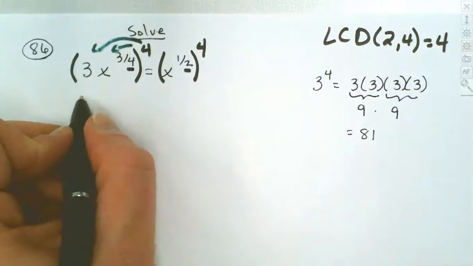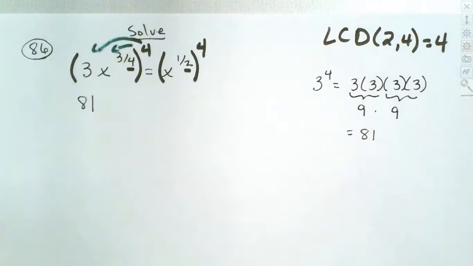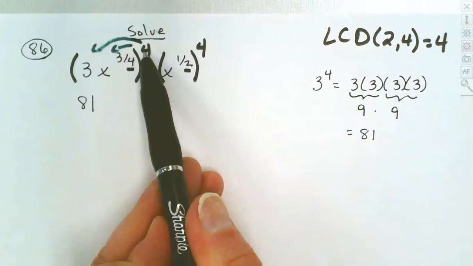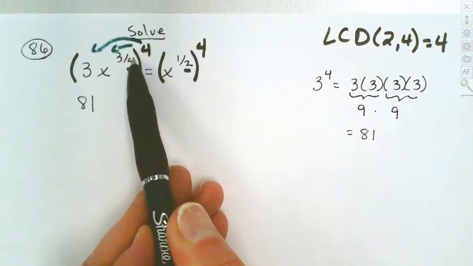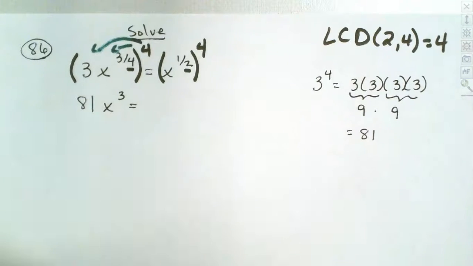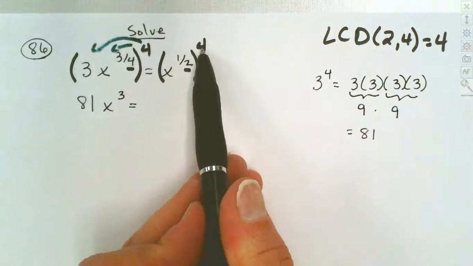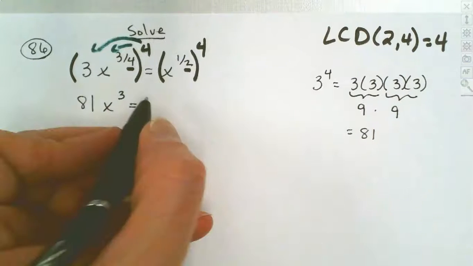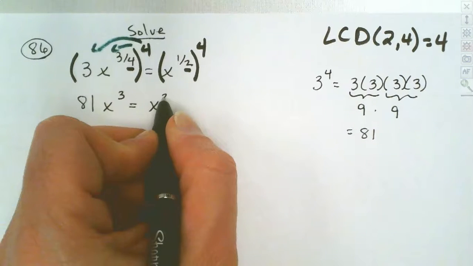So we now have on the left 81, and what happens to the 4's here? They cancel, and that leaves you with an x cubed. On the right-hand side, what do we have? We have half of 4. Half of 4 is an x squared.